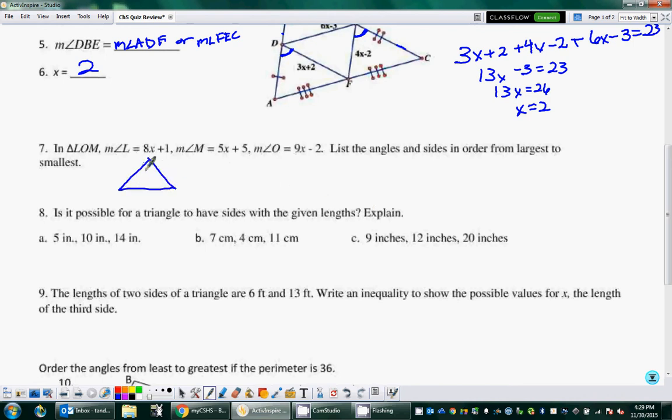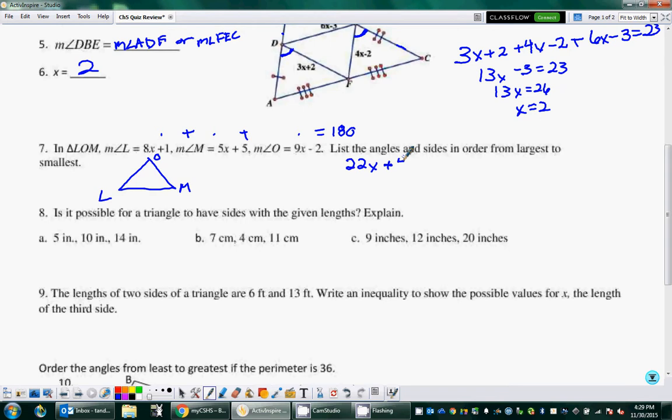So if I do angles from largest to smallest, my largest was O, my next was L, and my smallest was angle M. For my sides, the side opposite of O is going to be LM. Opposite of angle L is OM. And the side opposite of angle M is going to be LO.